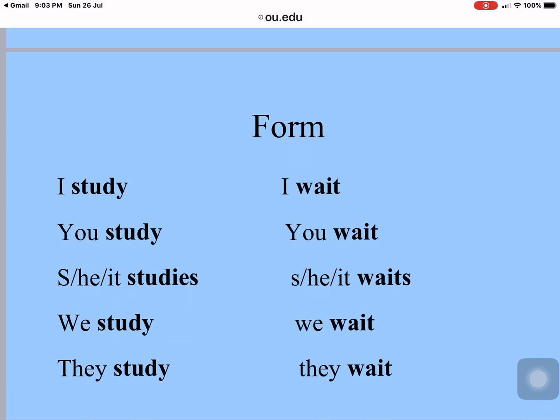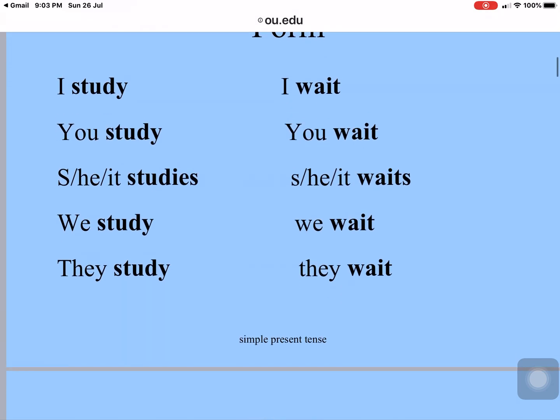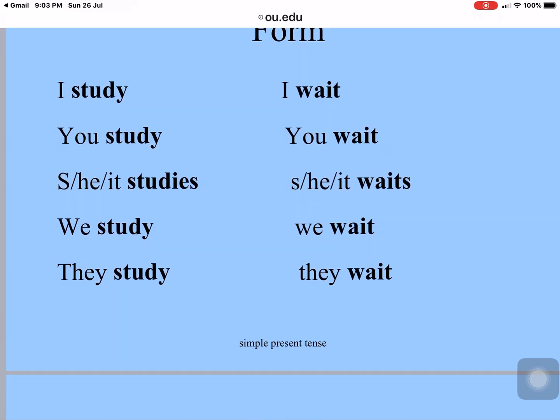See here, studies. She, he, it. These are singular subjects. So in case of singular subject, we should not forget to add s or es with the verb. But with plural subject, we should not add s or es.